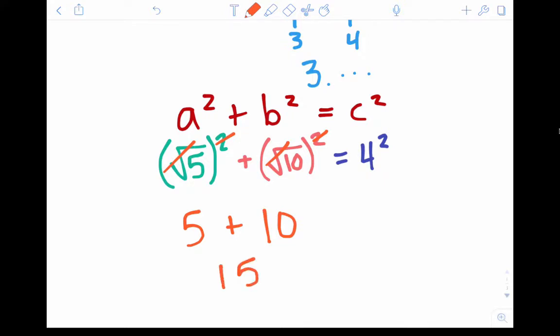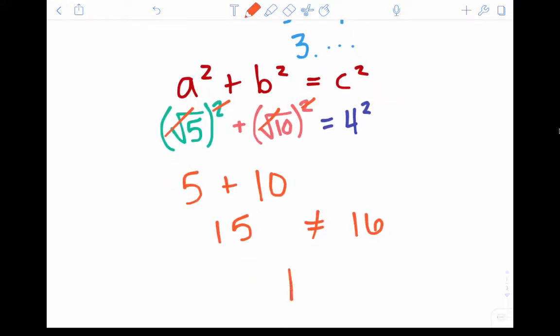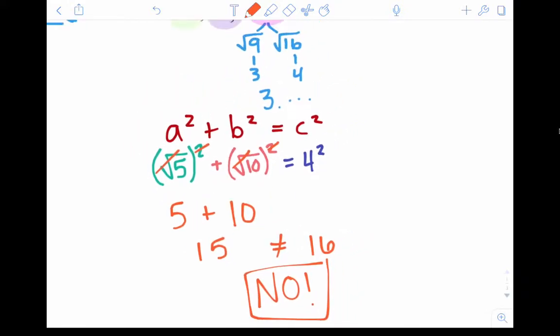And then 5 plus 10 is 15. Now working over to the right side, 4 squared is 16. 15 is not equal to 16, so that means that no, this is not a right triangle.